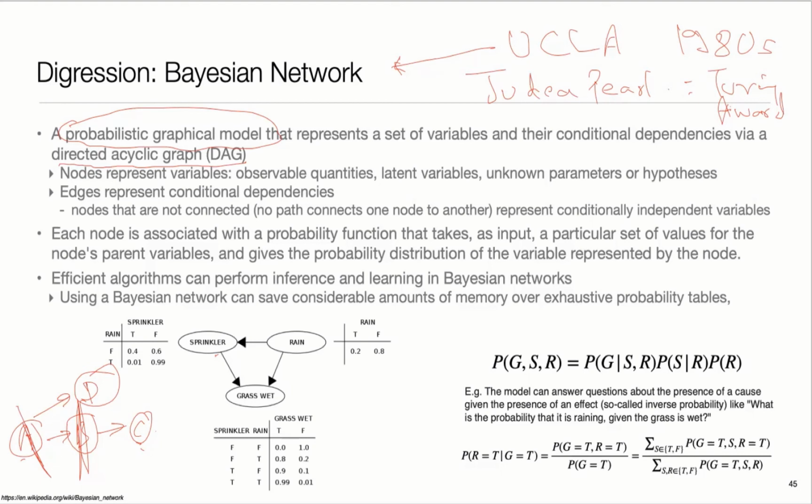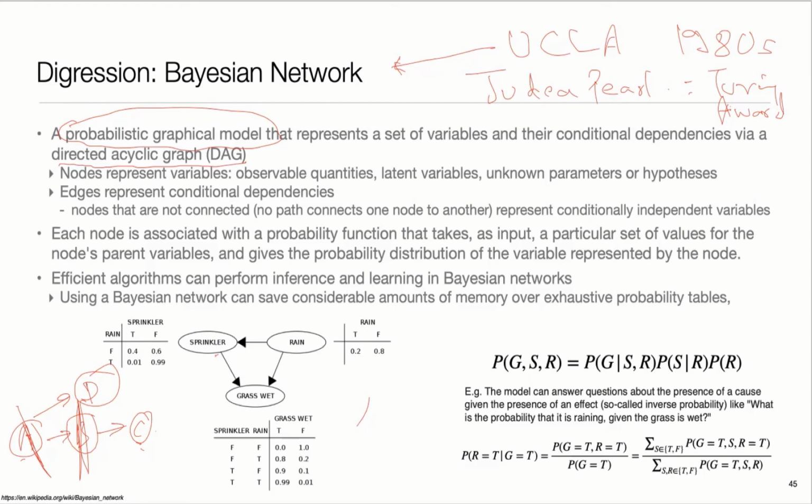So each node has a probability function, and normally if I were to consider the probability function of a node, then I would have to condition upon everything else in the world, right? If I'm doing the probability function of sprinkler, since my world has 3 variables, I would have to come up with sprinkler given all possible 4 values of rain and grass wet.